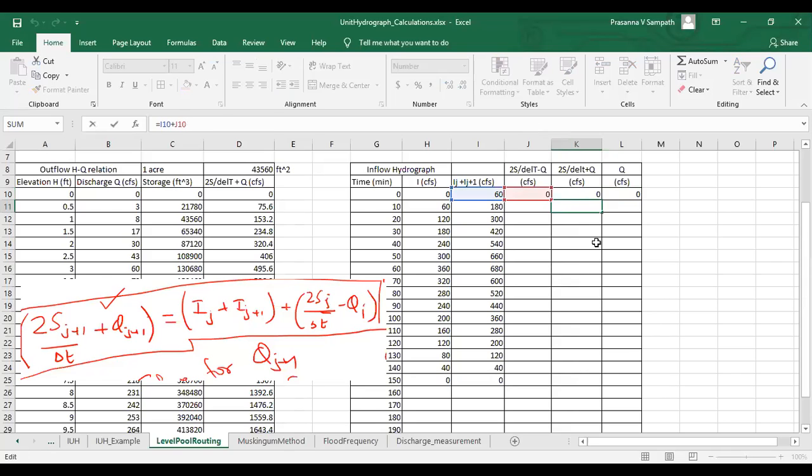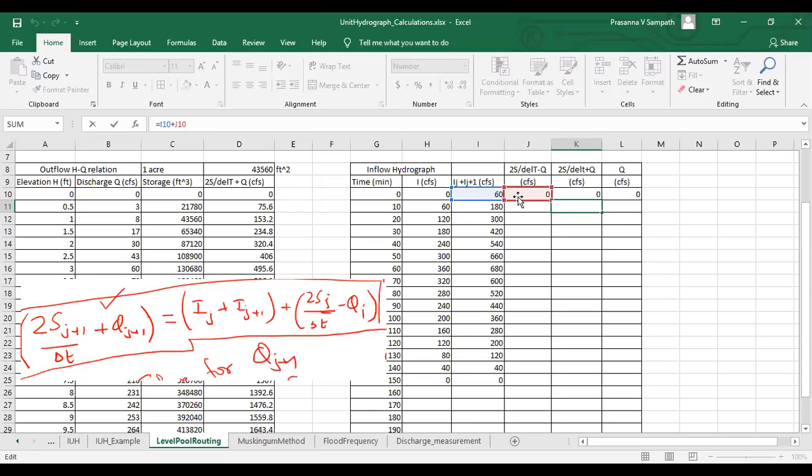When I go to time step j plus 1, let us look at the formula. I can only solve for this time step when I know everything from the previous time step. Do I have all the information required? Look at the formula here. 2s by delta t plus q at time step j plus 1 equals ij plus ij plus 1, which is this number over here, plus 2s by delta t minus q at time step j.